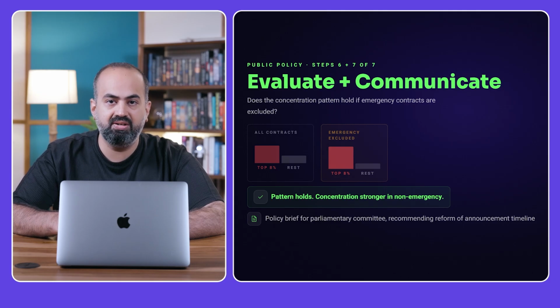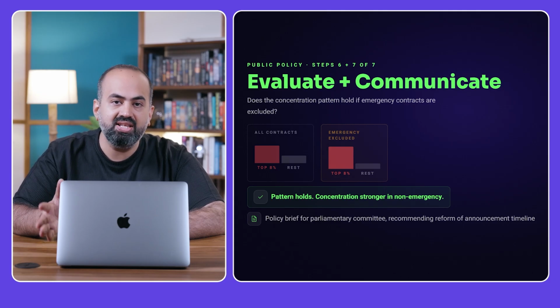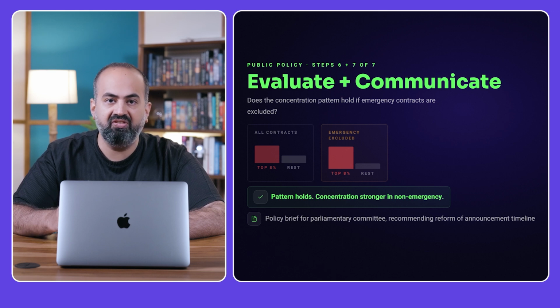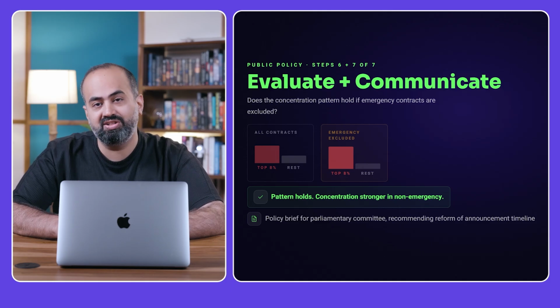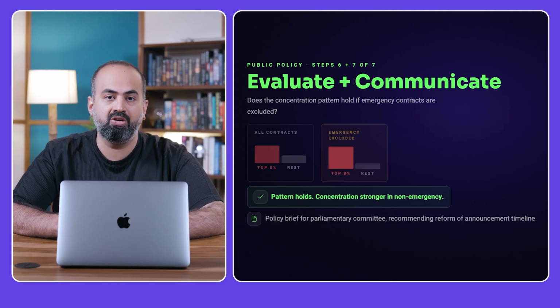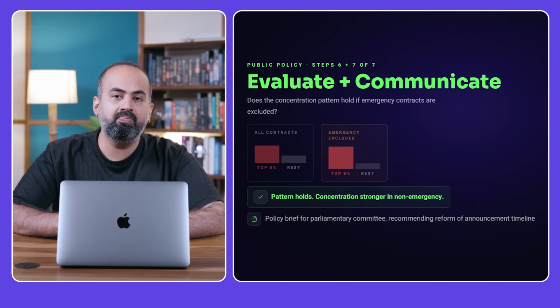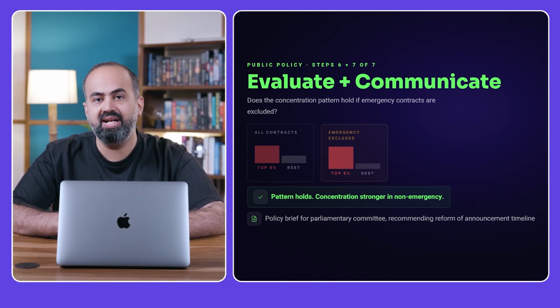Does the concentration pattern hold if emergency contracts, which have different procurement rules, are excluded? Yes, concentration is even more pronounced in non-emergency procurement. The recommendation is robust. Her communication product, a policy brief for a parliamentary committee recommending reform of the announcement timeline.